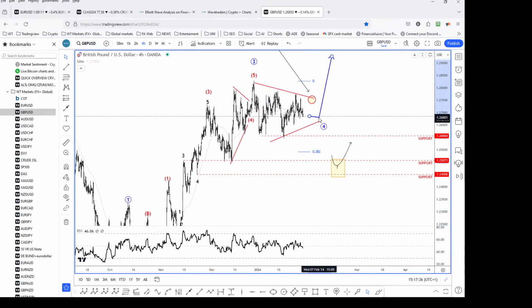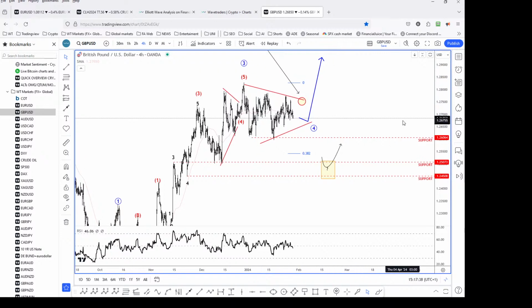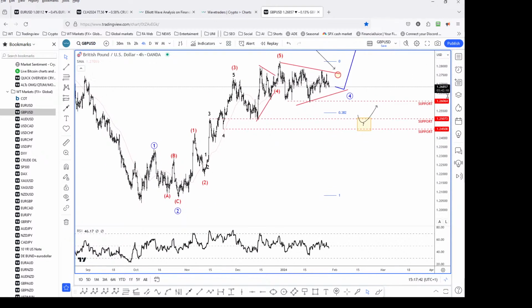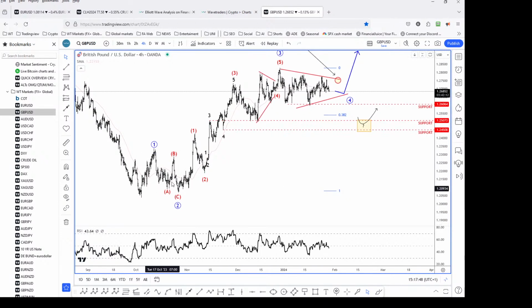Now today I came up with an idea that maybe this is going to be a triangle, which is very possible because the rule of alternation suggests that wave 4 and wave 2 of the same degree could be different in shape. So here was a 3-wave drop and a very deep one in wave 2.